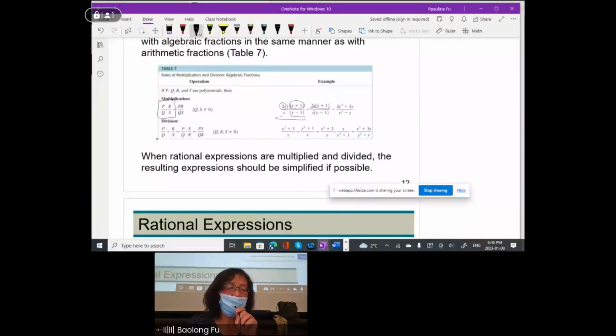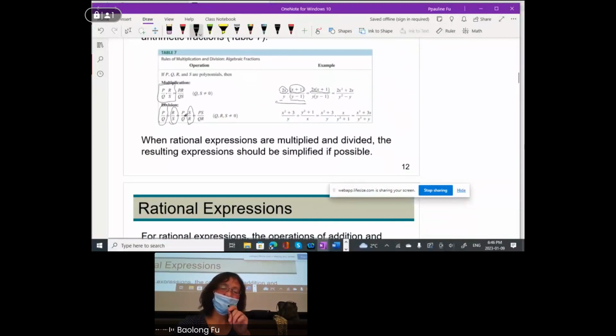And this one, the division for polynomials: if P over Q divided by R over S, you flip R over S, so it becomes S over R, and then change to multiplication. So for example, if I have A squared plus 1 over B divided by B cubed minus 1 over A. First step, keep the first one.